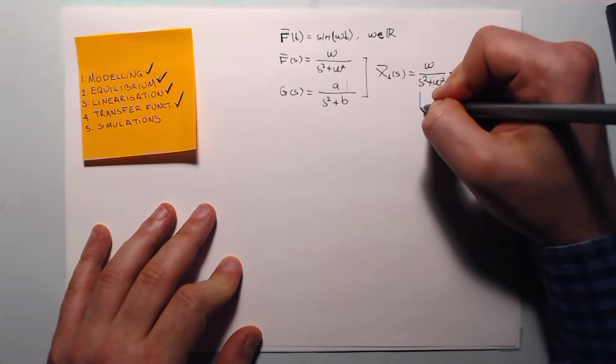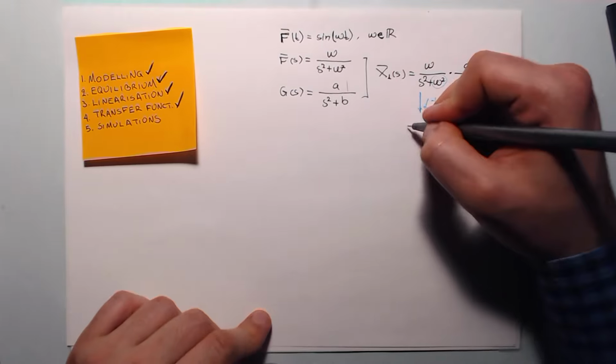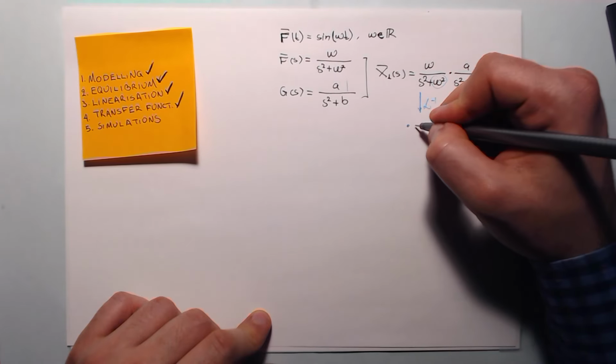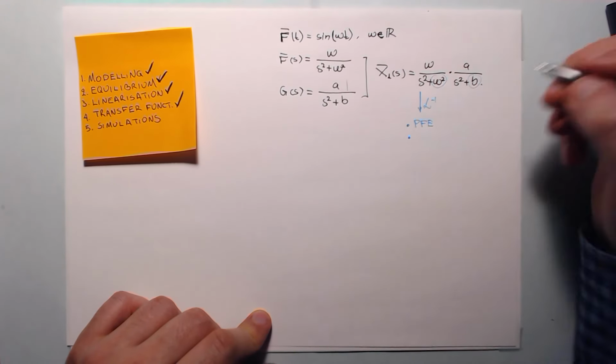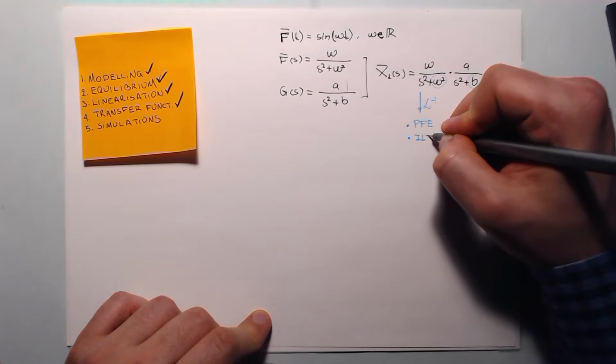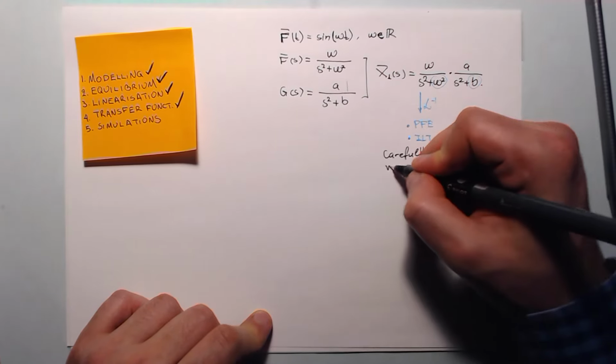To take the inverse Laplace transform here requires that you go through the standard procedure: you determine a partial fractions expansion, and then you take the inverse Laplace transform, being very careful.